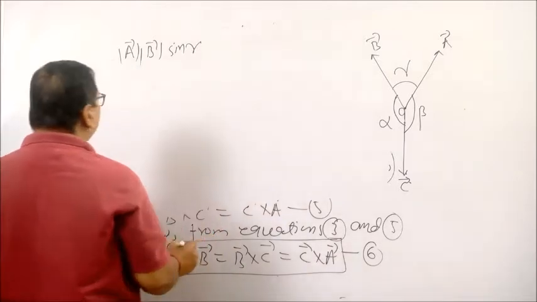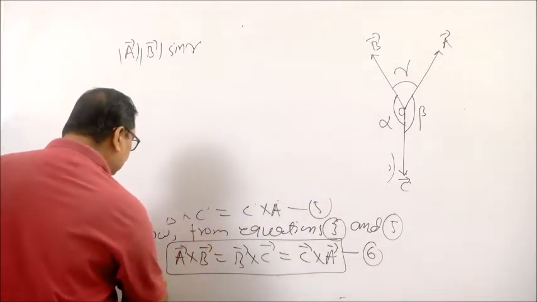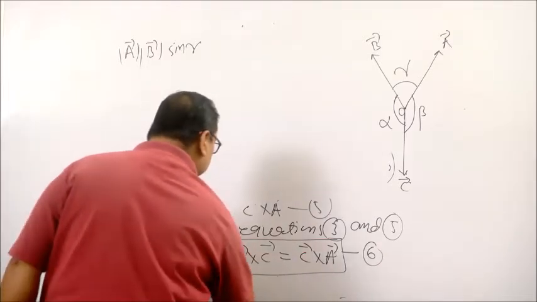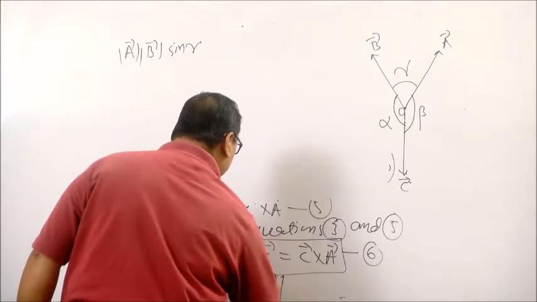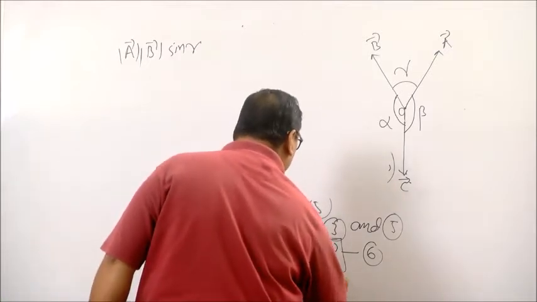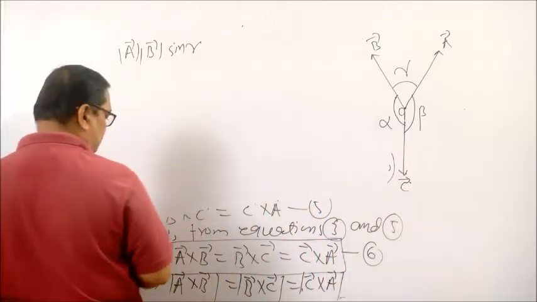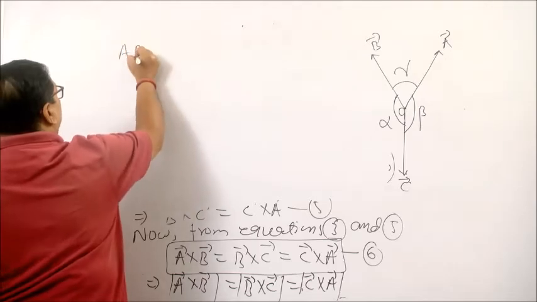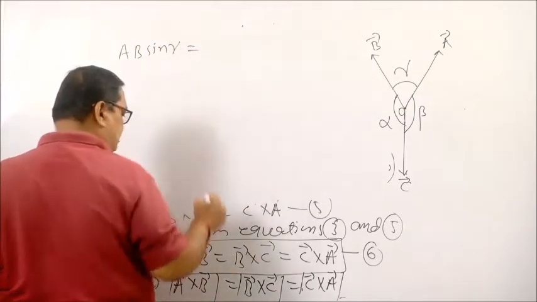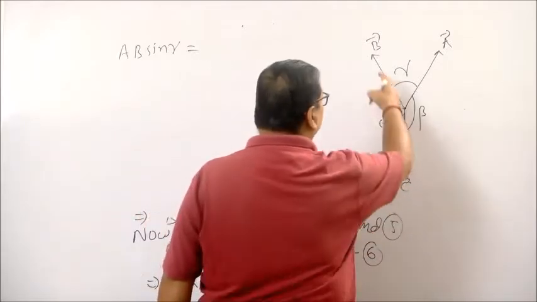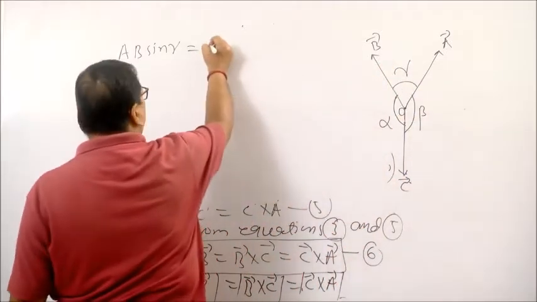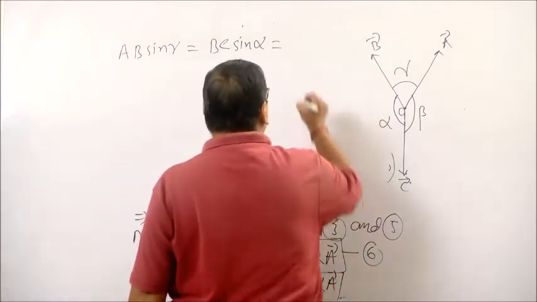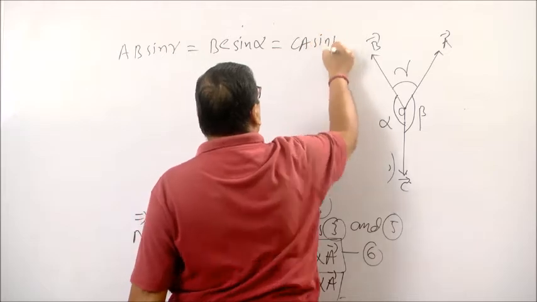Before finding A cross B, you can also write another step: modulus of A cross B equals modulus of B cross C equals modulus of C cross A. So, A cross B modulus means AB sin gamma, B cross C modulus means vector B and C angle is alpha, that is BC sin alpha, C cross A means CA sin beta.